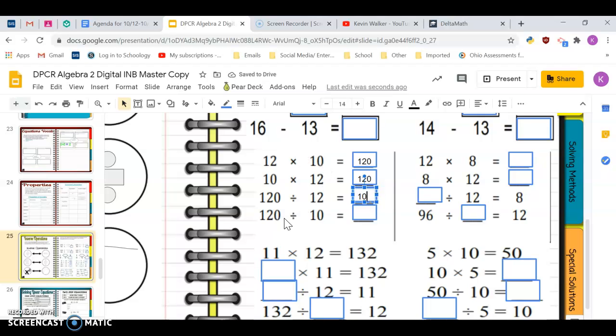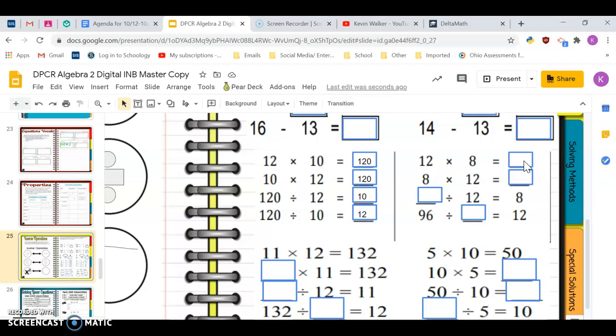Likewise, if I do 120 divided by 10, I should get 12. These things should pop up just like how you would normally do any division or multiplication, but you're noticing that all these different facts happen within this group.